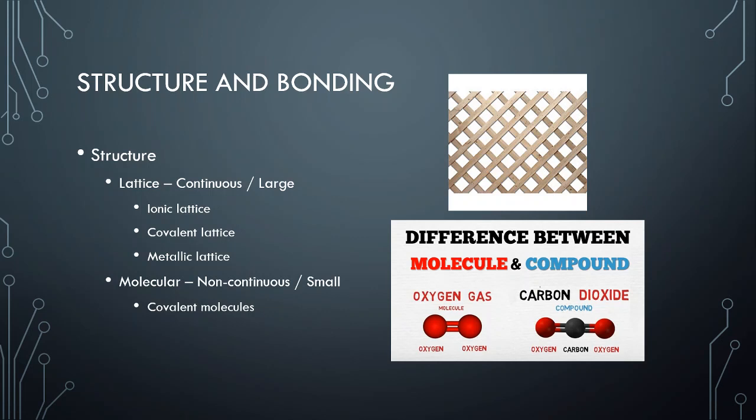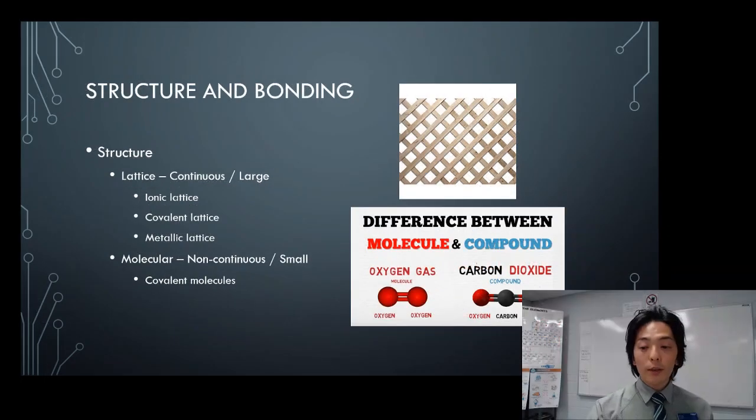Both are molecules, but oxygen gas is not a compound. Why? Oxygen molecule only has one type of atom, whereas carbon dioxide has 2 different types of atoms. So it's a compound and a molecule, but oxygen gas is not a compound. It's still an element, but in a molecular structure. Hope you got that.